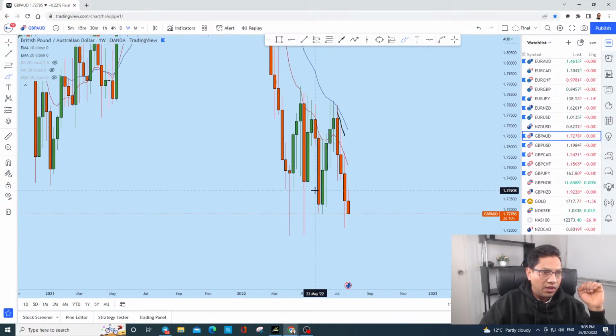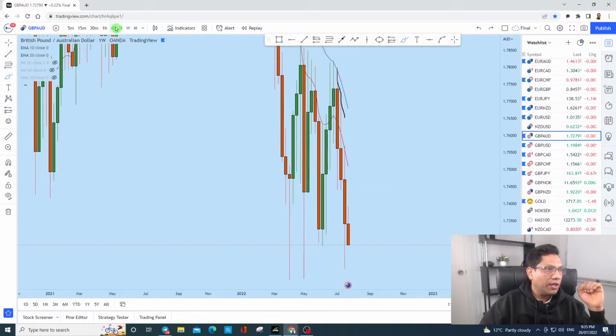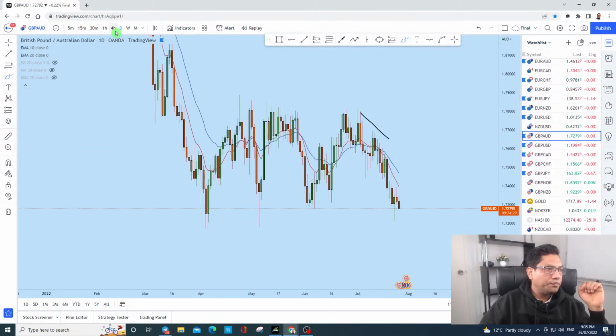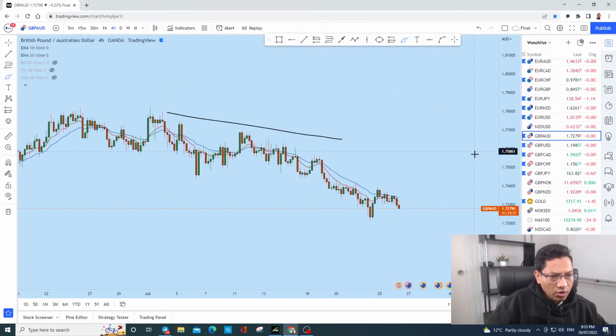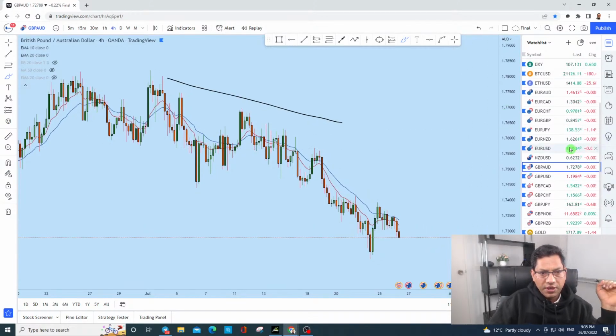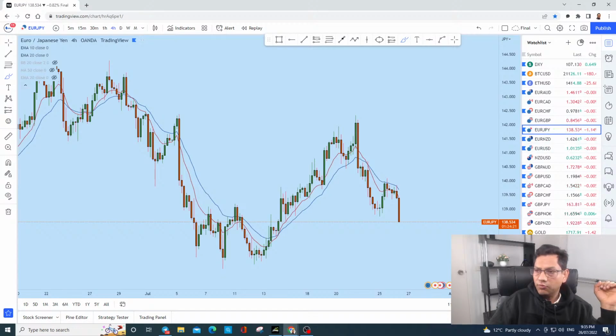On the weekly, after a little retracement to the upside, GBPAUD has also started to drop. So it looks like we could see movement on GBP and euro pairs. Let's see what happened, and slowly we'll jump onto all of them to see how they are doing.